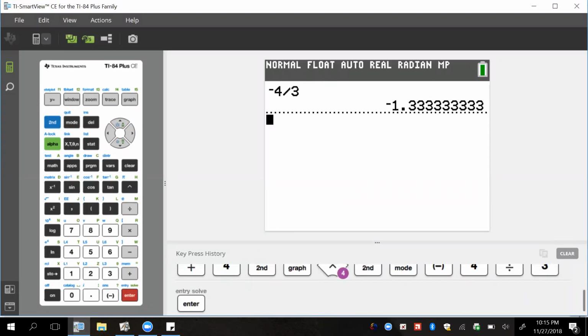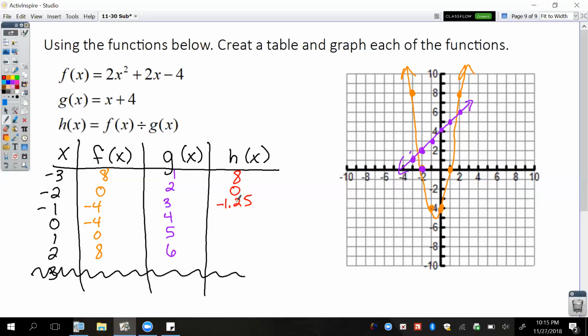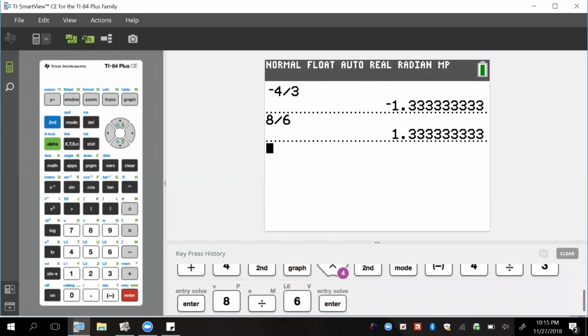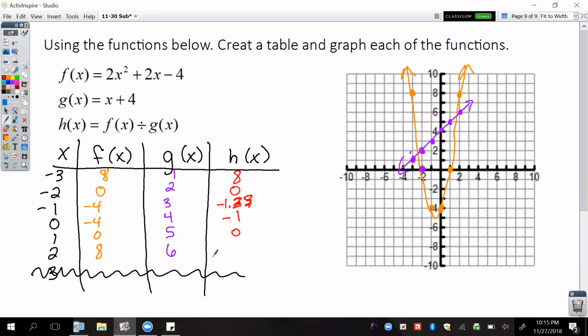Oh, sorry. Negative 1.33. Negative 4 divided by 4 is negative 1. 0 divided by 5 is 0. And then 8 divided by 6 is 1.33.